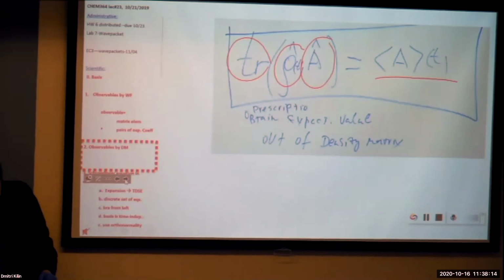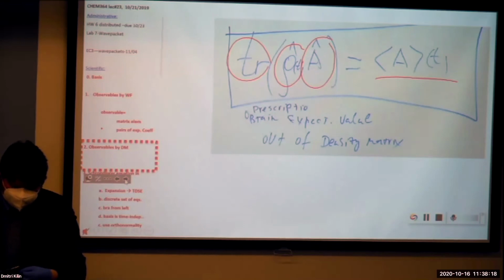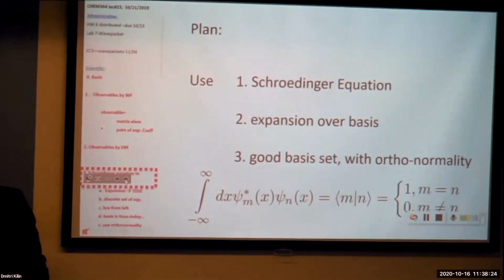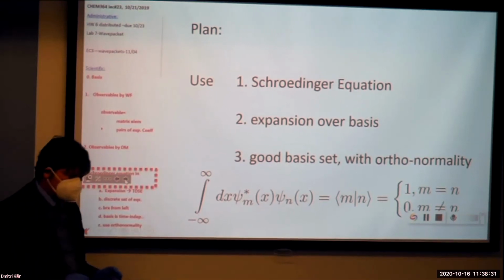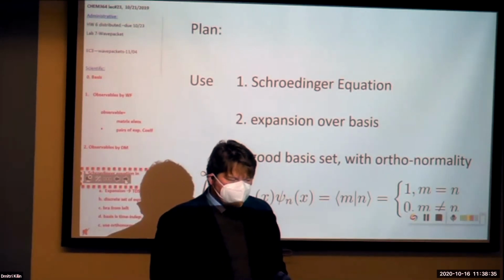So the trace is the same as finding the expectation value. So slowly approaching the main thing that we need to do, and I will soon tell new things.